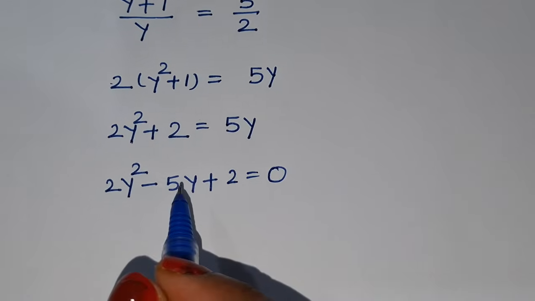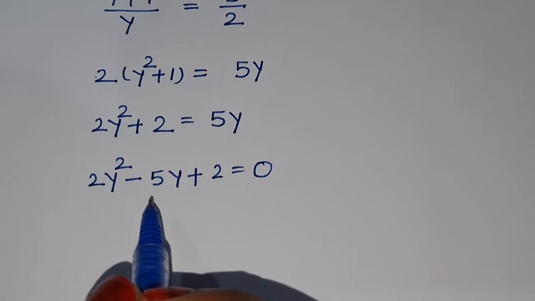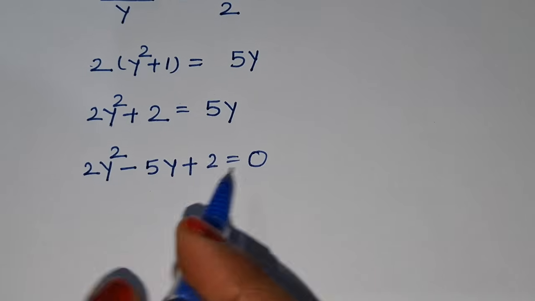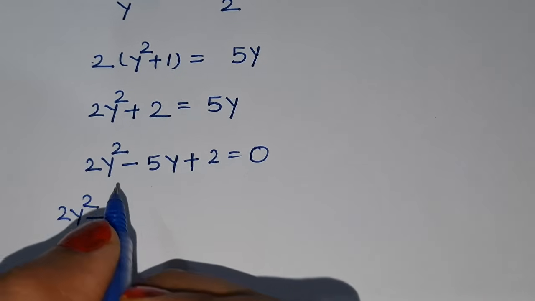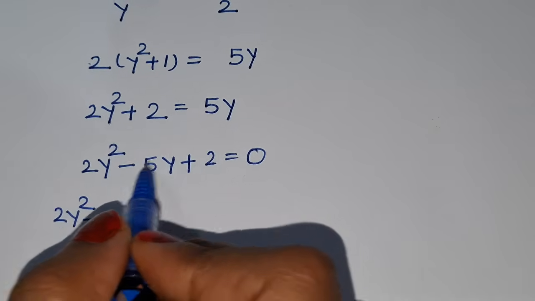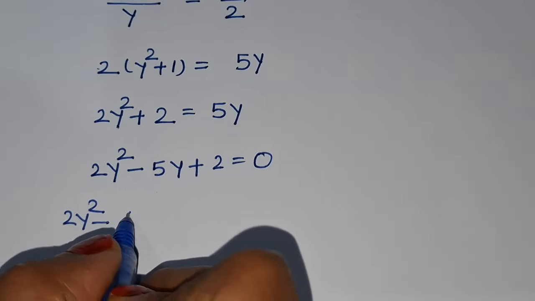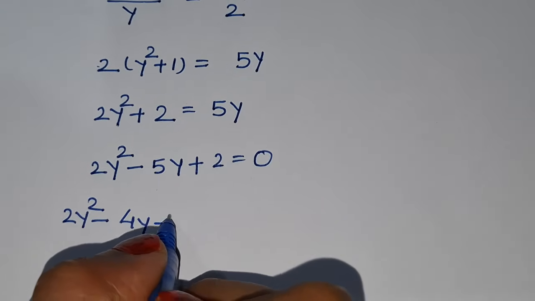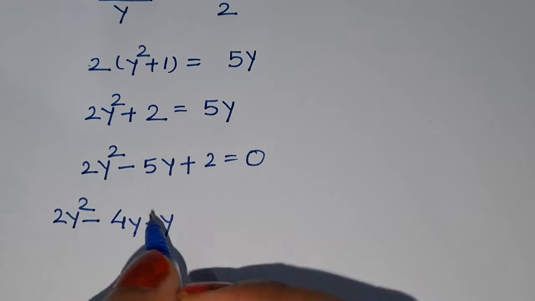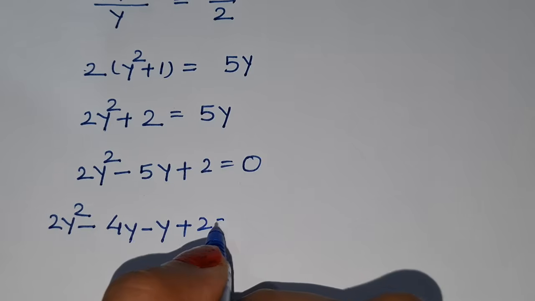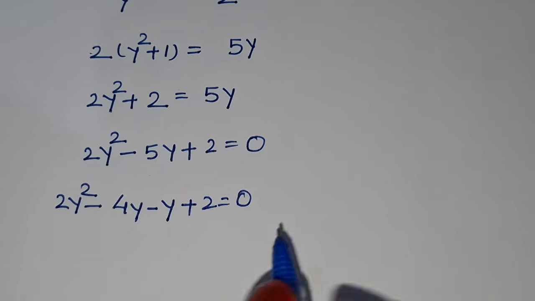So here you can see we got a quadratic equation. Now we have to solve this equation. We can write 2y square minus 5y, and this minus 5y we can write as minus 4y minus y. Minus 4 minus 1 becomes minus 5, plus 2 is equal to 0.